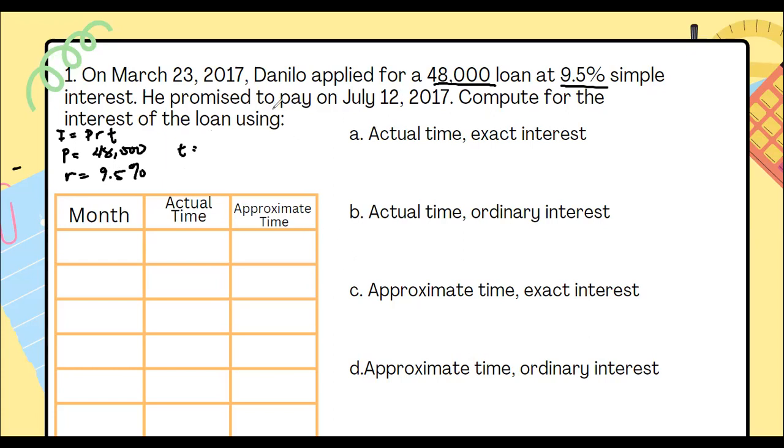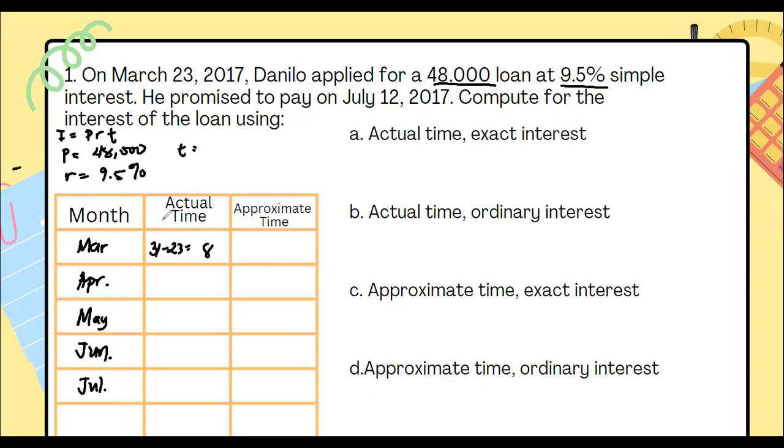So, from March 23, 2017 to July 12, 2017. First, let's list the months. It starts from March, then April, May, June, then July. On actual time, since we start at March 23, March has 31 days. Subtract 23 to get the remaining days in March: 31 minus 23 is equal to 8.